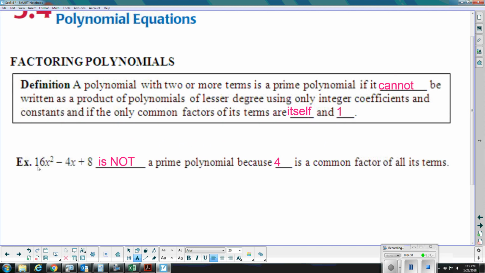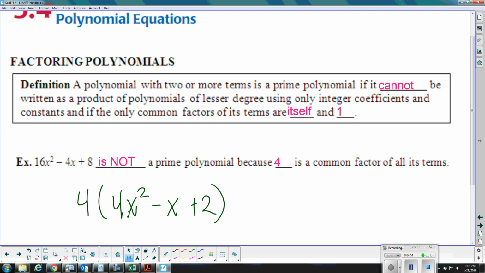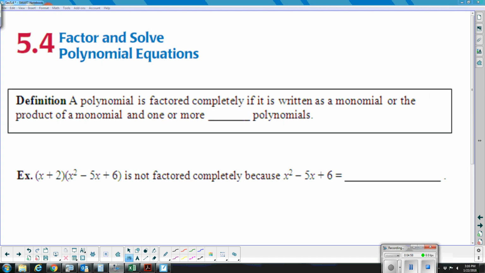So you could factor this out and you would get 4 times 4x squared minus x plus 2. Okay, so therefore it is not a prime polynomial.